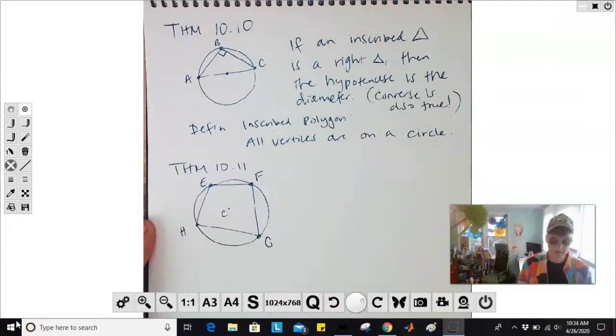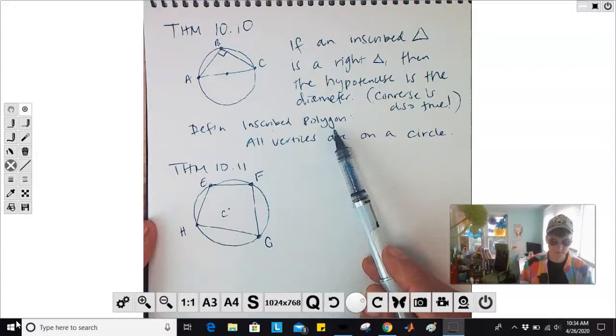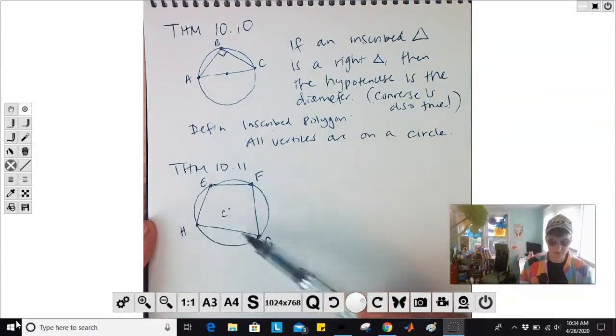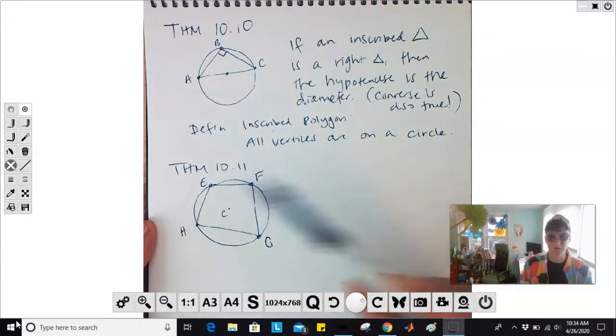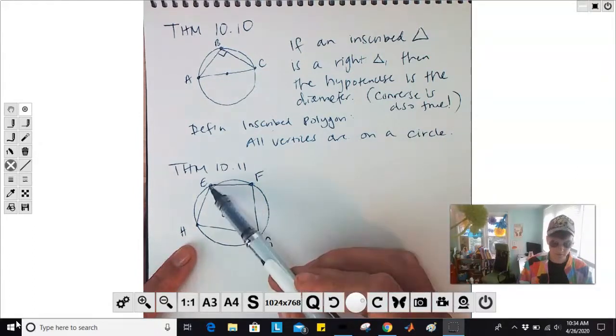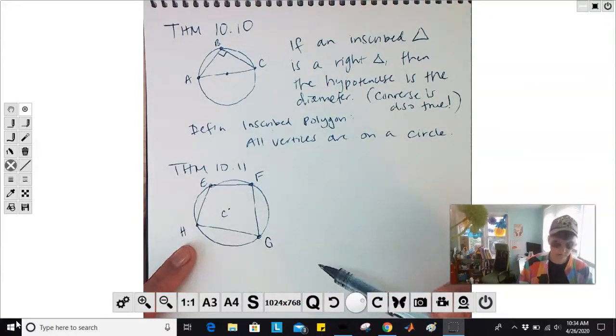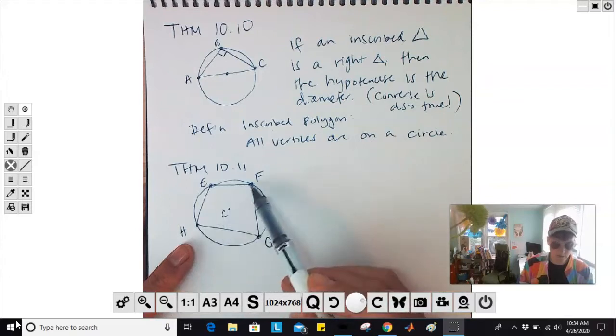So this last theorem here, theorem 10.11, has another inscribed polygon because all of the vertices of this quadrilateral are on the circle. And this theorem 10.7 says a quadrilateral can be inscribed on a circle if and only if its opposite angles are supplementary.